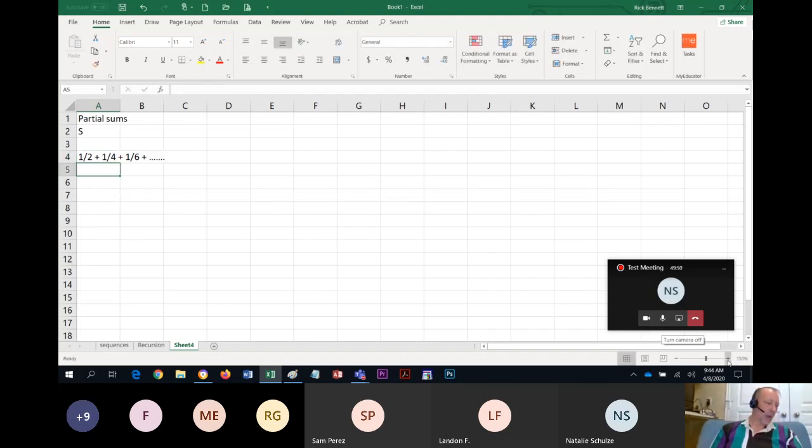And if I said I want you to find the first 4 partial sums, S sub 1 would be just the sum of the first term, which is just 1/2. S sub 2 would be the sum of the first 2 terms, which would be 1/2 plus 1/4, and in that case, 1/2 plus 1/4 would be 3/4.